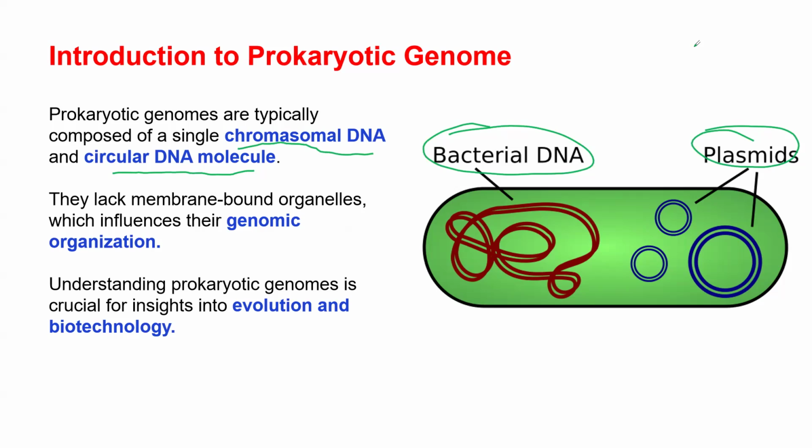Understanding prokaryotic genomes has given insights into how the evolutionary process takes place in living organisms, and also in biotechnology, because most biotechnological products are produced using prokaryotic cell machinery. The genetic material of prokaryotic organisms, and the entire prokaryotic organisms, are utilized in biotechnology for producing industrial products.